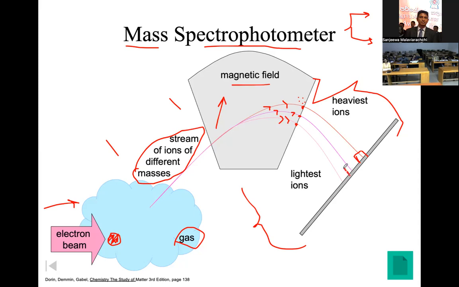These are called Faraday cups. Why Faraday cup? Because it works with the magnetic field, and Faraday has a connection with the magnetic field. These separate cups collect the atoms.